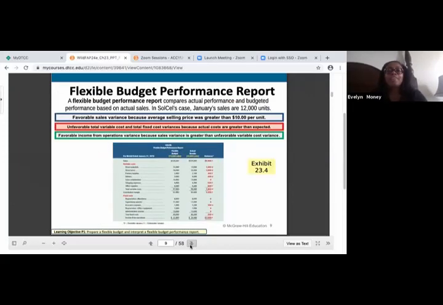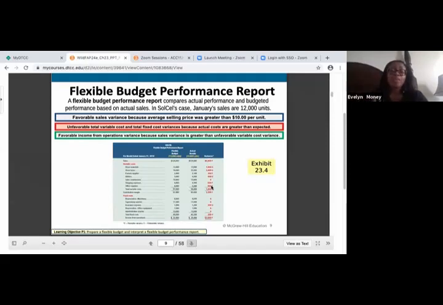Now, we like the flexible budget, and even with a fixed budget, we like to determine the difference between the budgeted amount and the actual results so that we can investigate and drill down further and find out why we have these differences. These differences are known as variances. These variances can be favorable or unfavorable, and it really depends on whether or not I'm talking about an expense or a revenue.